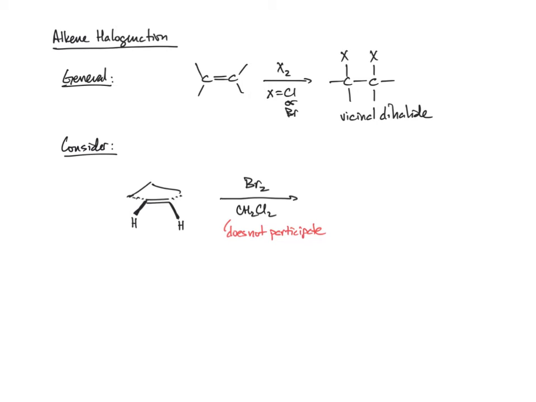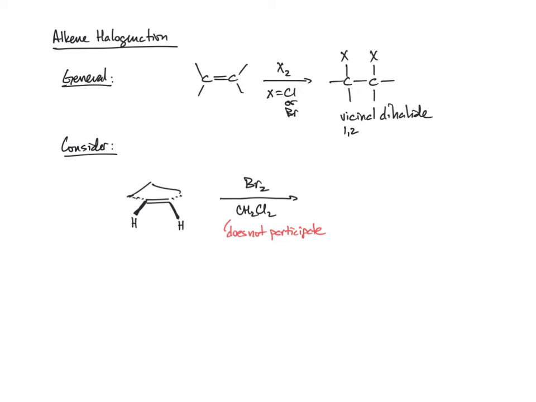This next one is alkene halogenation. Here's the general alkene. There's your pi bond, nucleophile, and a molecular halogen, electrophile, either chlorine or bromine. This reaction under these conditions forms a vicinal dihalide. So what does vicinal mean?